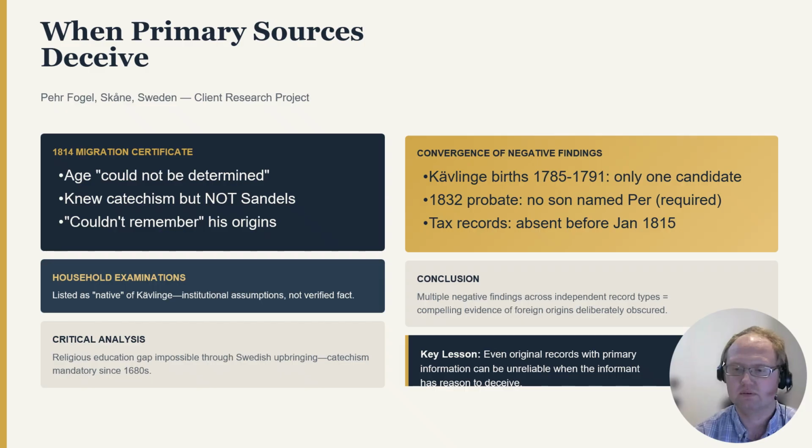Meanwhile, even the primary information, because remember, I'm referring to the moving certificate, information coming from the person in question, was an example of somebody making an assumption. It was a statement where he deliberately didn't give straight answers.